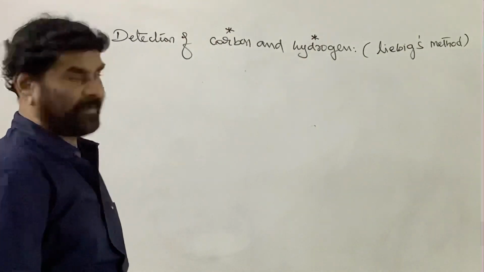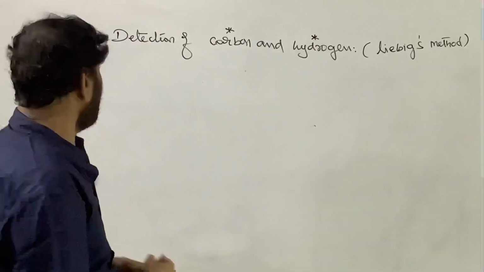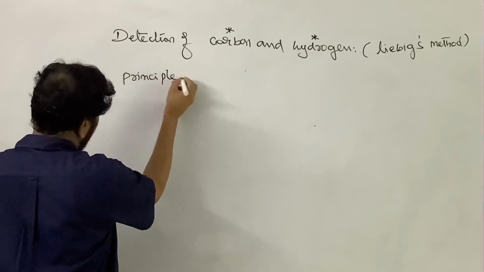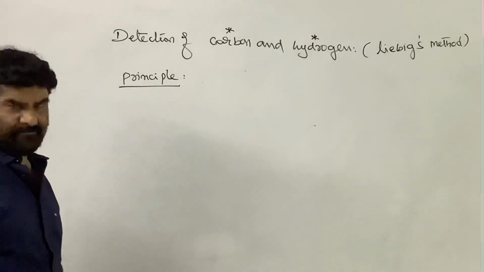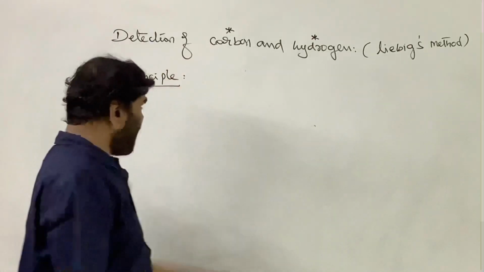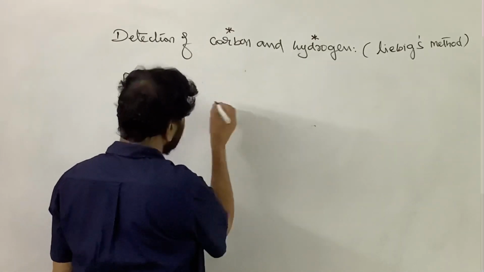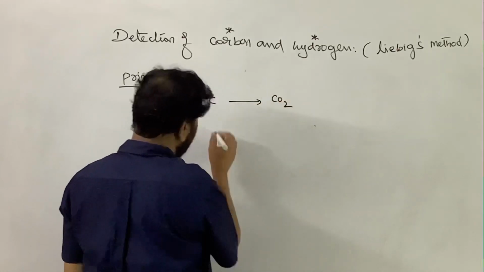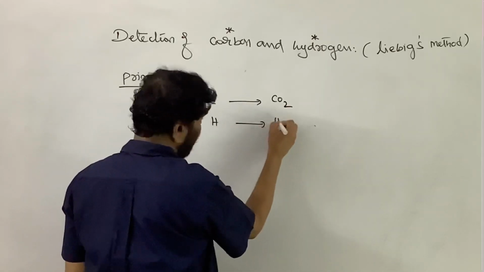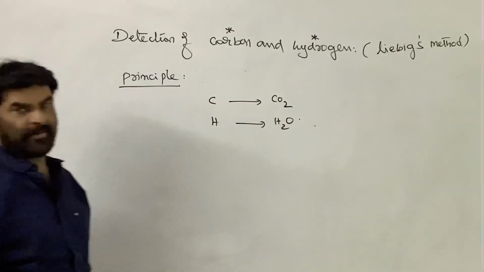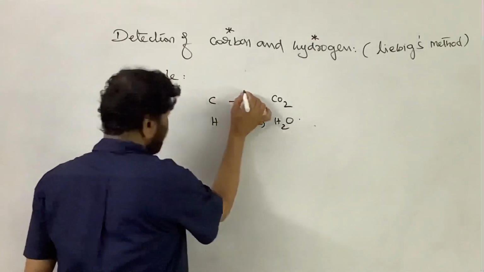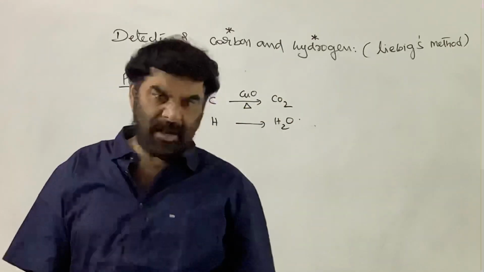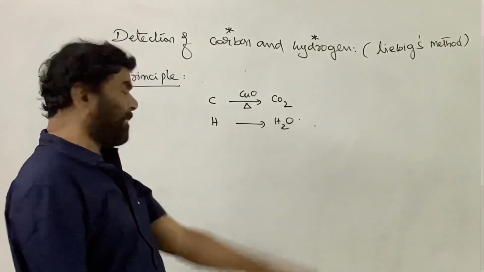This is very simple. What is the principle of this test? In this test, the carbon present in the given organic compound is converted into carbon dioxide, and the hydrogen is converted into H2O. The given organic compound is heated with excess copper oxide.